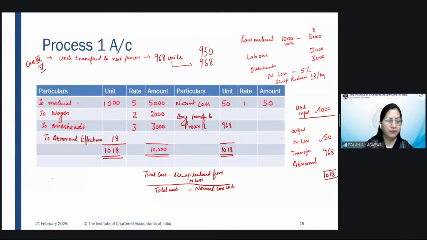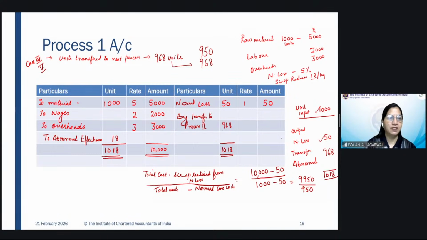So what do we have here? Total cost 10,000. Scrap realized from sale of normal loss 50. Total units 1,000. Normal loss units 50. So 9950 divided by 950.